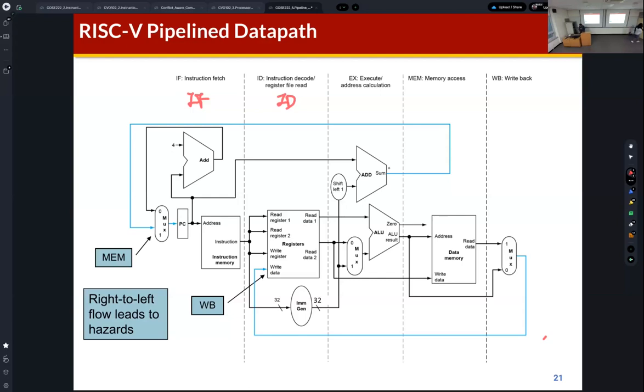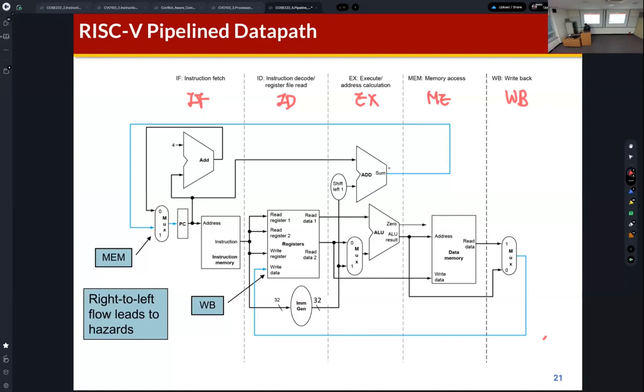So this is the ID stage, this is the EX stage, this is the memory stage, and then the write back stage. In the write back stage, the result is written to the register file.